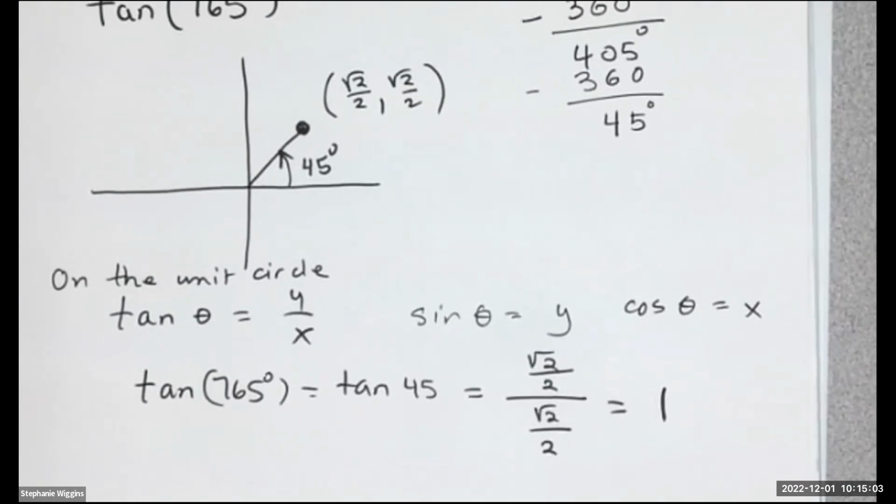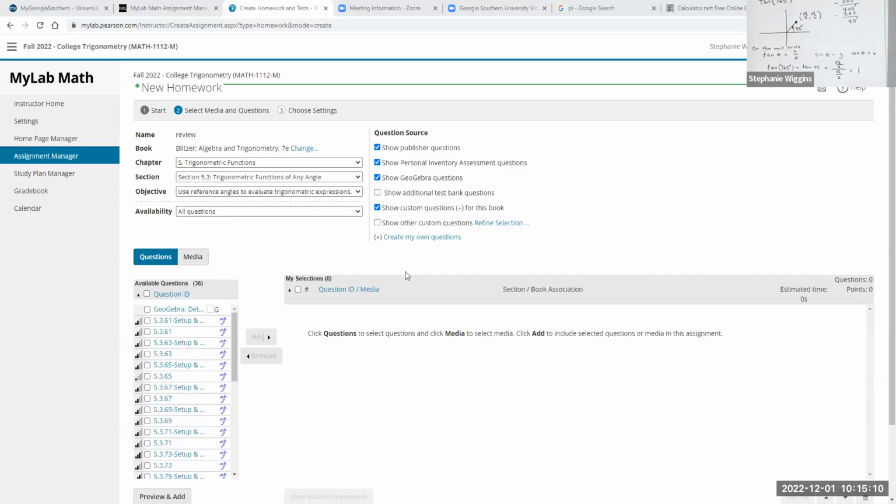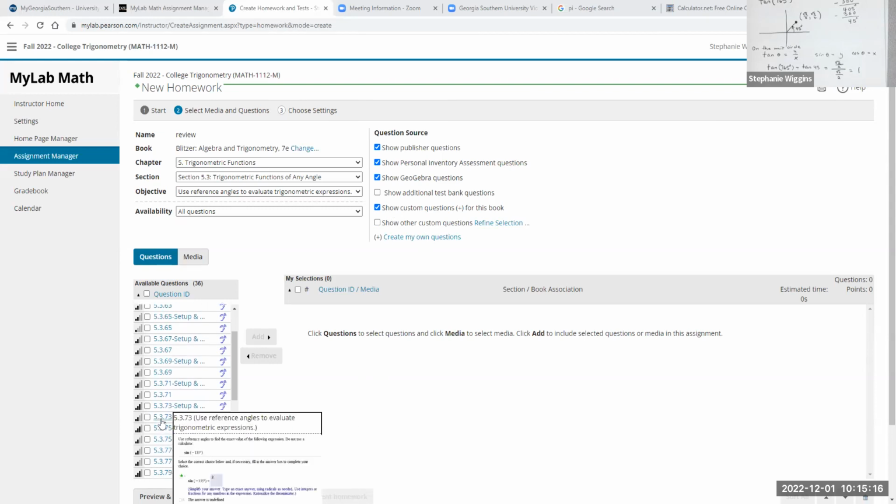All right. Any questions on that? Let's do another one. Just practice. All right. Here we have sine of negative 315 degrees.